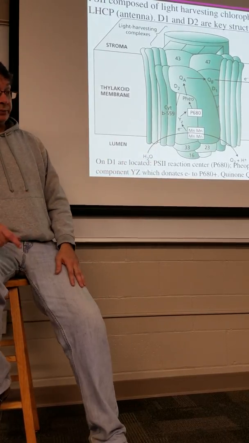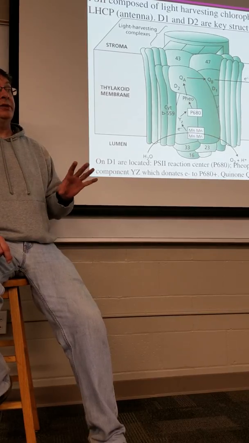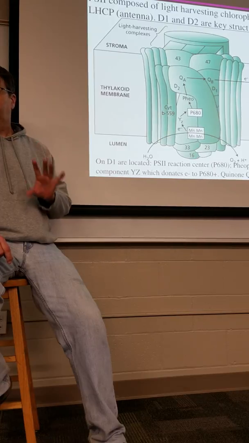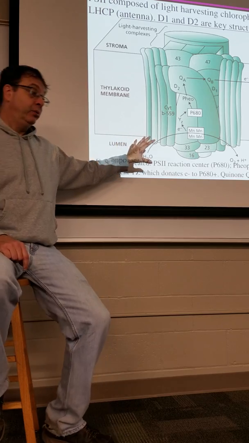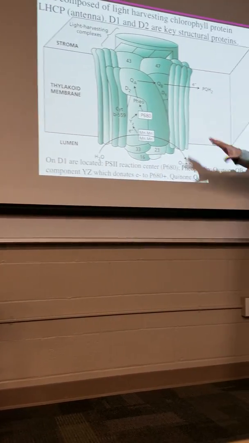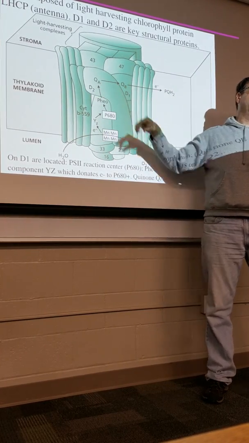And the reason that's important is that if electron transport goes awry, we're going to build up free radicals, and what it's going to do is to essentially interact with one of these proteins, oftentimes destroying it.